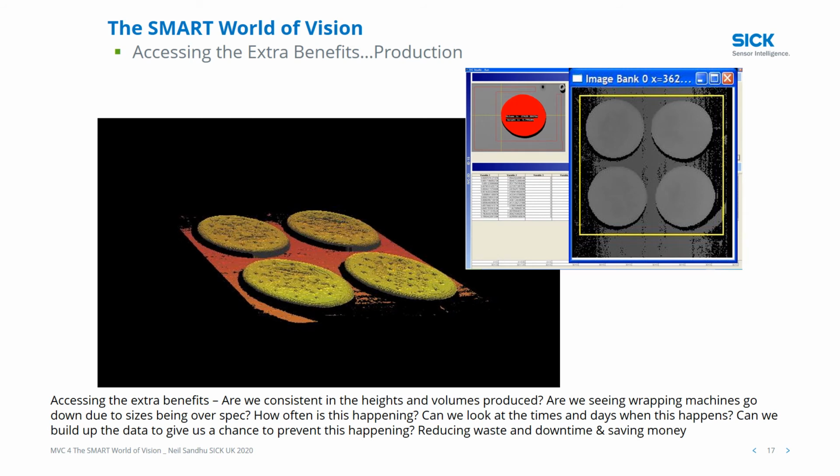And the same can be said in this example, again more of a food example, in terms of biscuit manufacturing, where the heights and the volumes are being monitored, bearing in mind that flow wrapping technology is used.